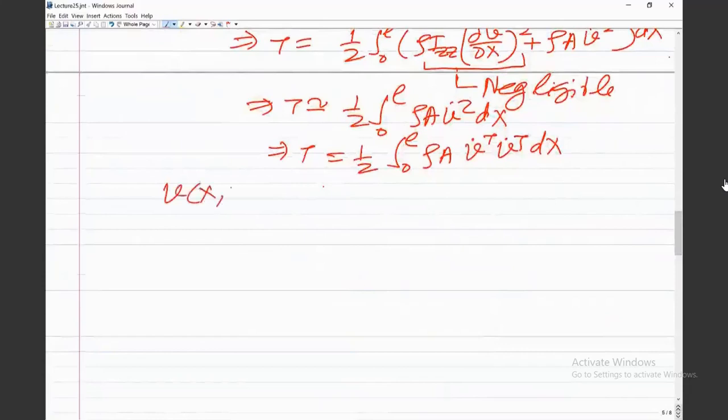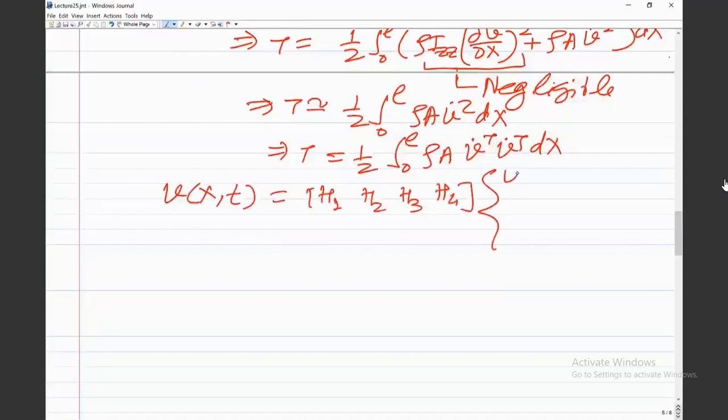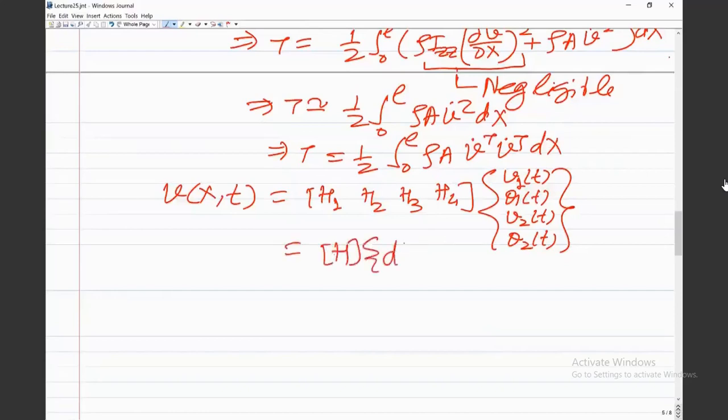So V of x,t would be in terms of four shape functions, the Hermite interpolation functions H1, H2, H3, H4, into the vector of elemental degrees of freedom. That is V1 as a function of time, theta 1 as a function of time, V2 as a function of time, and theta 2 as a function of time. V1 is the displacement at first node, theta 1 is the dV by dx at first node, V2 is the displacement of second node, and theta 2 is dV by dx at second node. So you can also write this as interpolation matrix H into dE.